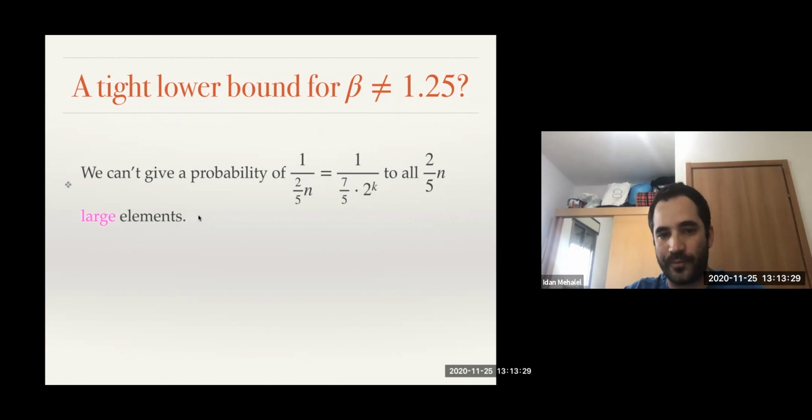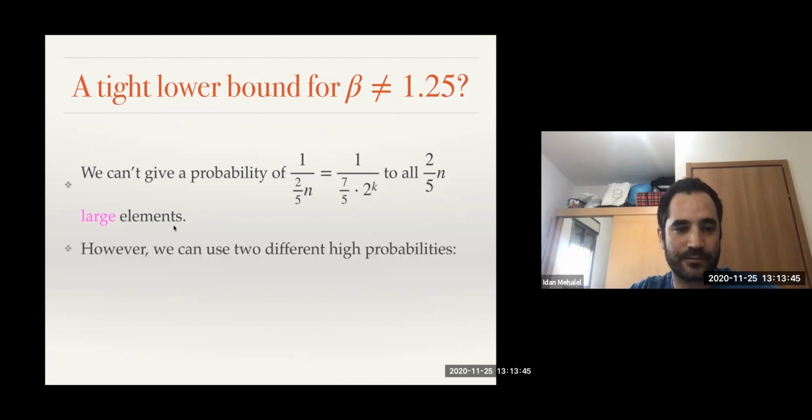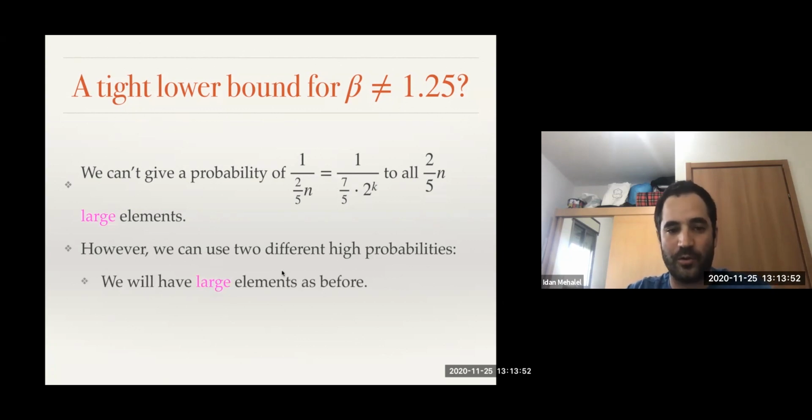So maybe we can hope that because we only added one different high probability, we can still use this distribution to derive the lower bound of 1.25 to the n. So we will use two different high probabilities. We will have large elements exactly as before with 1/2 to the k probability, and we also add mediocre elements, which will have 1/2 to the k plus 1 probability.